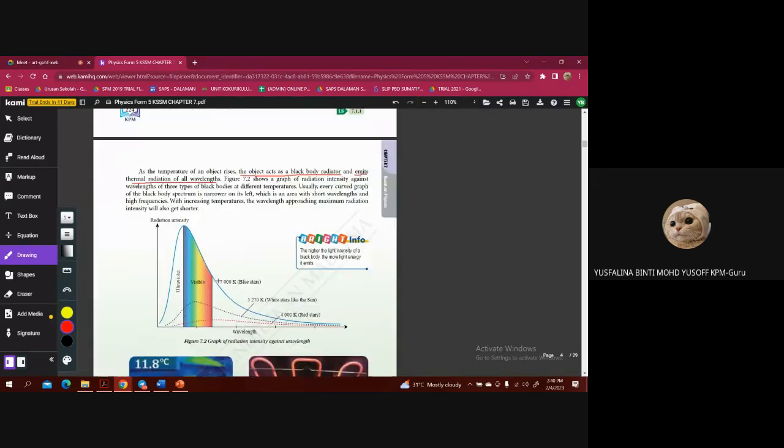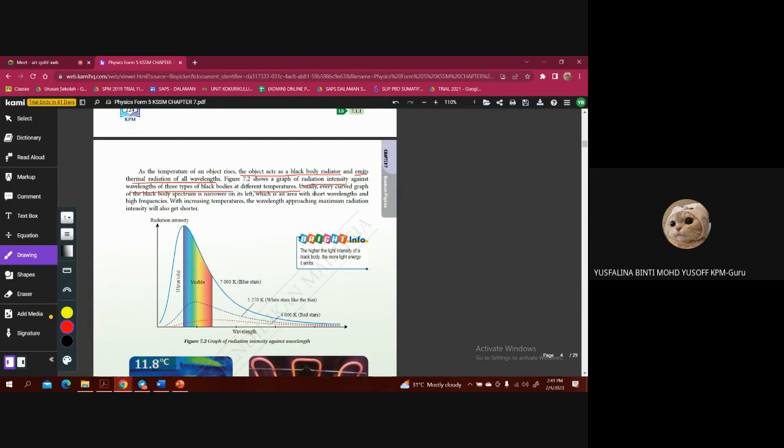This is the figure, the graph for the radiation intensity against wavelength of three types of black body at different temperatures. The three are the blue star, the white star, and the red star.